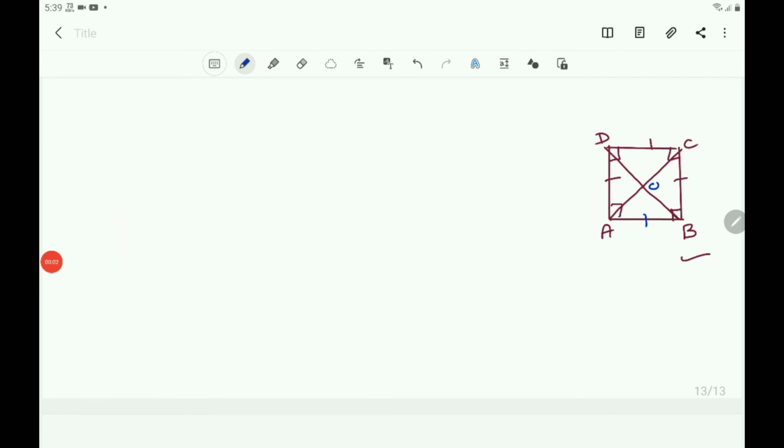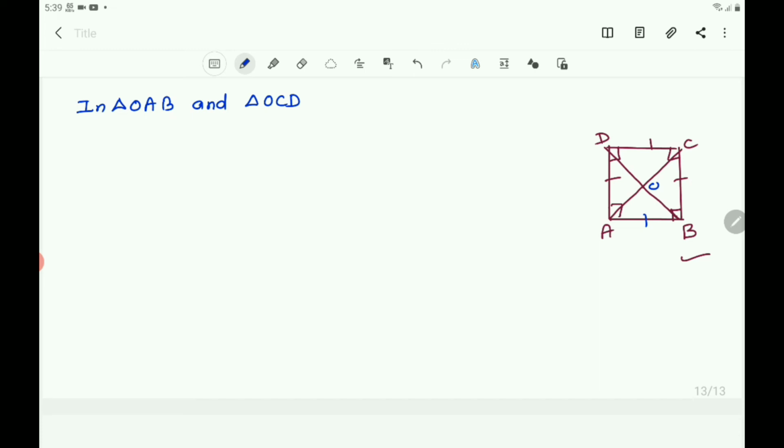So you write the names of the triangles: in triangle OAB and triangle OCD.